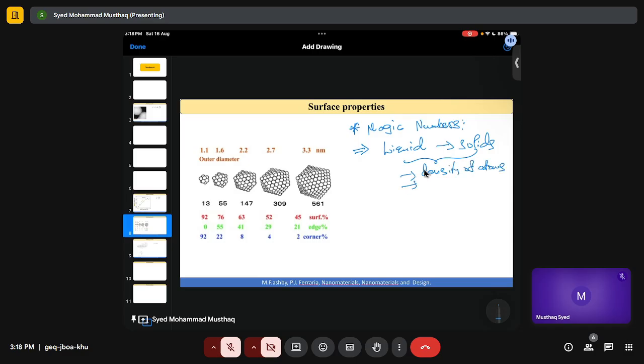And the other thing is flowability, which is more related to the mechanical side. That's how they differentiate liquids and solids. But we metallurgists differentiate liquids and solids depending on the crystallinity and the density of atoms. So whenever a liquid becomes dense, it will become solid.